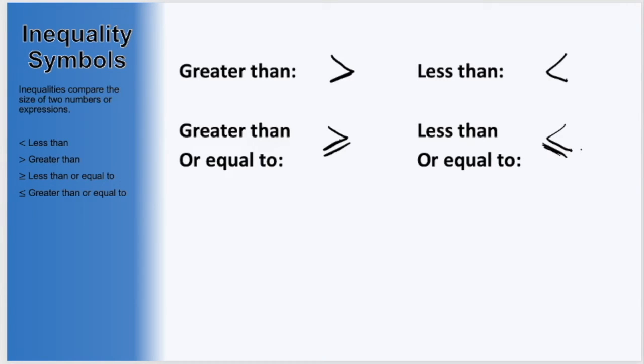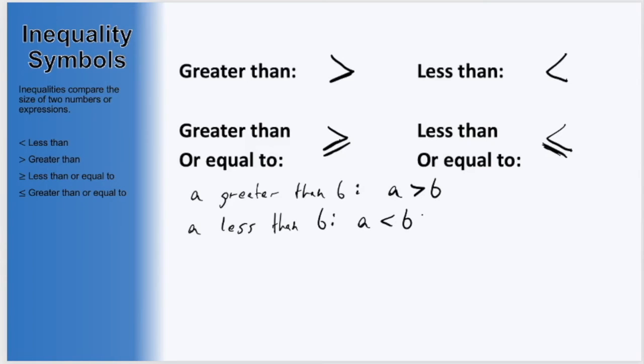We use these symbols to relate the size of two numbers or expressions. If we wanted to relate two numbers, a and b, then how we would write a greater than b would look like this. If we said a is less than b, it would be written like this.